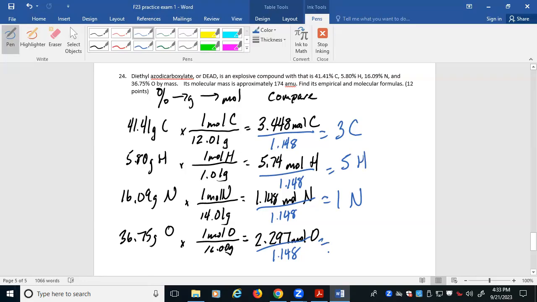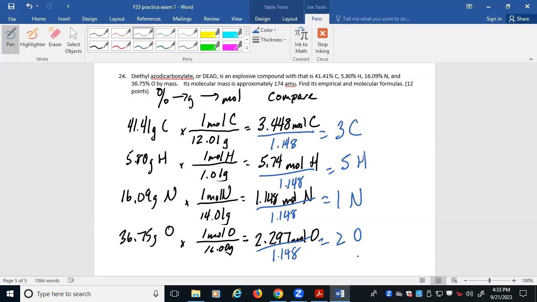And for the oxygen, I'm going to get almost exactly 2 oxygens. None of the numbers here, and this is a classic book problem, came out to be anything drastically different from the whole number. I think the carbon was the furthest away and it was like 3.03. Certainly enough to round to 3 and not feel bad about it.